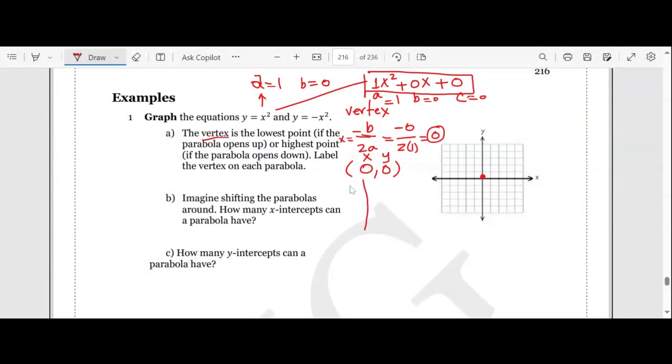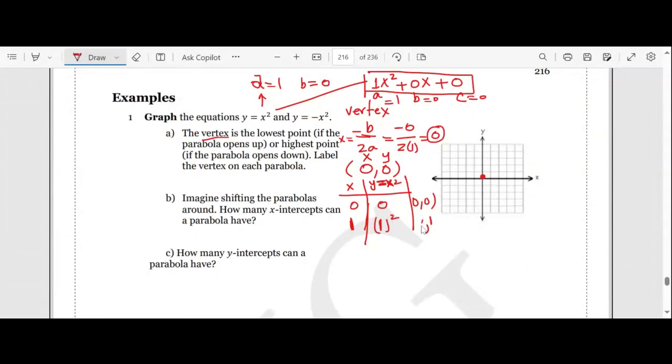Now I can show you something else here. y equals x squared, correct? So x, we said how much? 0. So how much is y? 0. So that's your first point, 0, 0. What about if x is 1? How much is y? 1 squared, right?